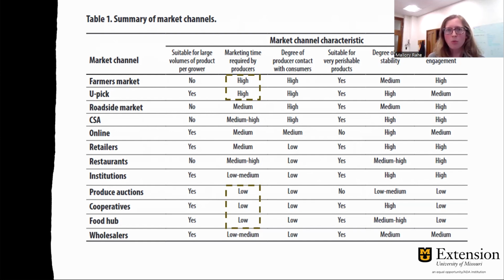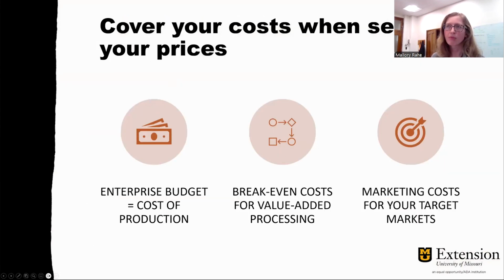And depending on where you are, not all of these channels are going to be highly accessible. But really, we're here today to think about the difference in marketing time and expense, so that helps you understand how you make better informed decisions about entering these markets.